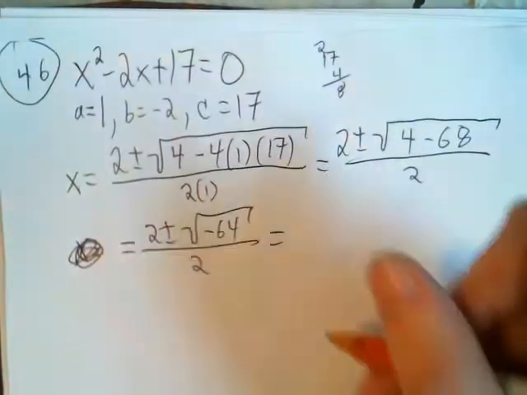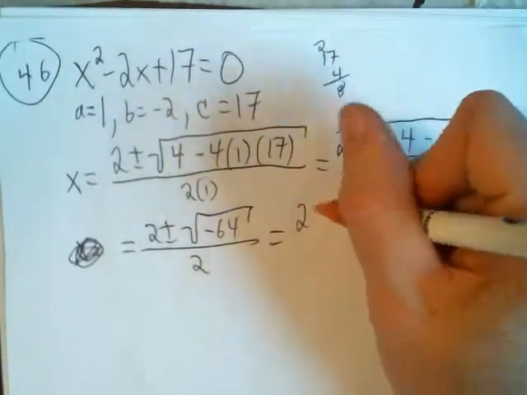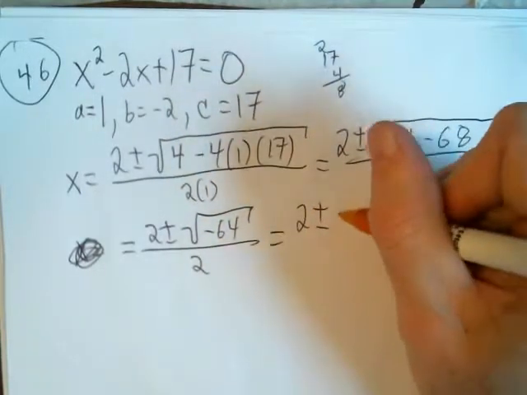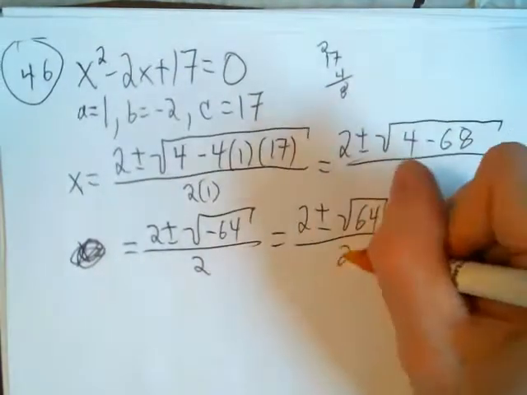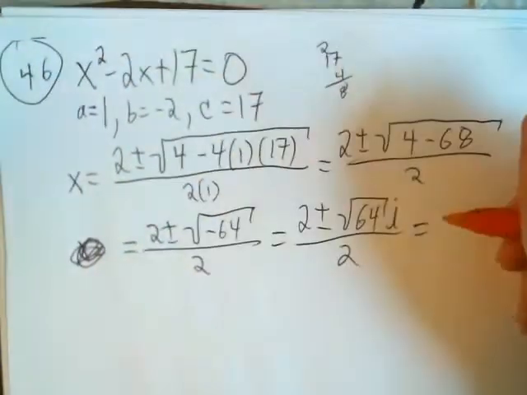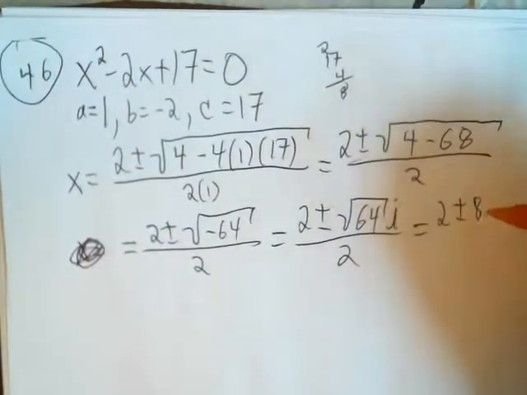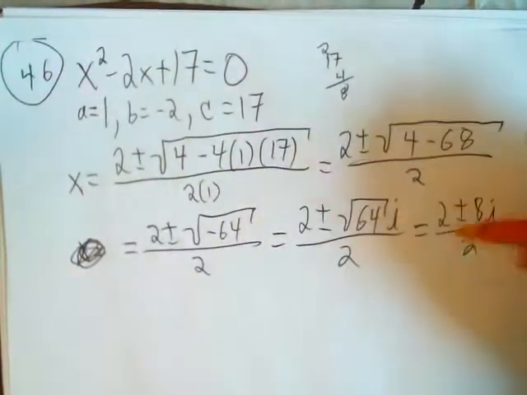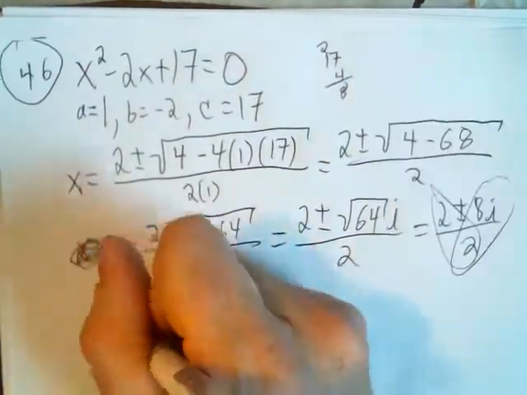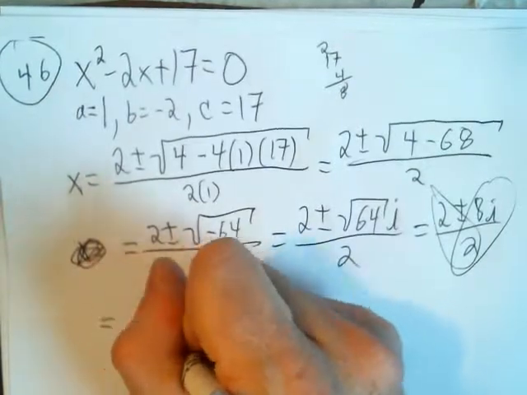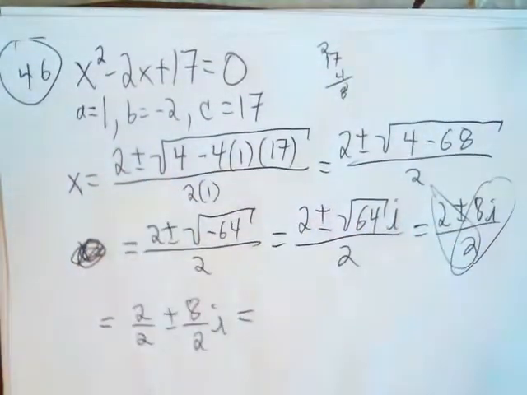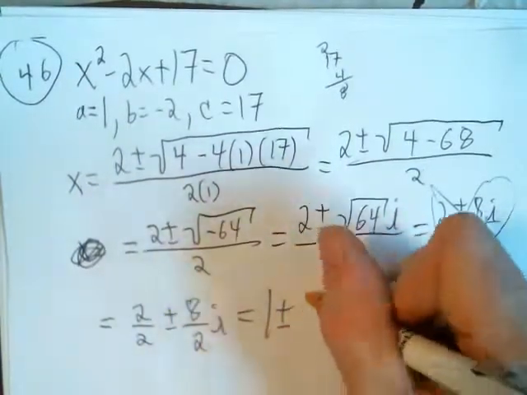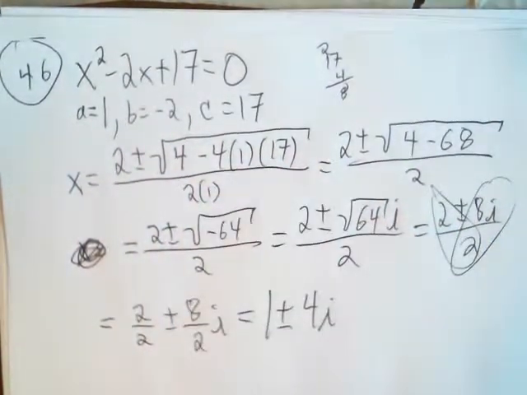We can simplify now the radical, so march the imaginary out the back door. So you get radical 64i all over 2. That'll be 2 plus or minus 8i all over 2. Let's go ahead and butterfly this right off the bat. So you'd get 2 over 2 plus or minus 8 over 2i. And then, of course, that's just 1 plus or minus 4i for our solutions.